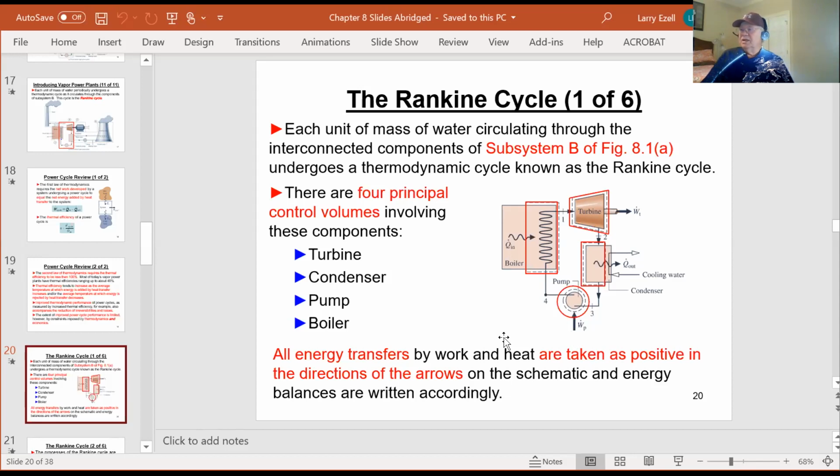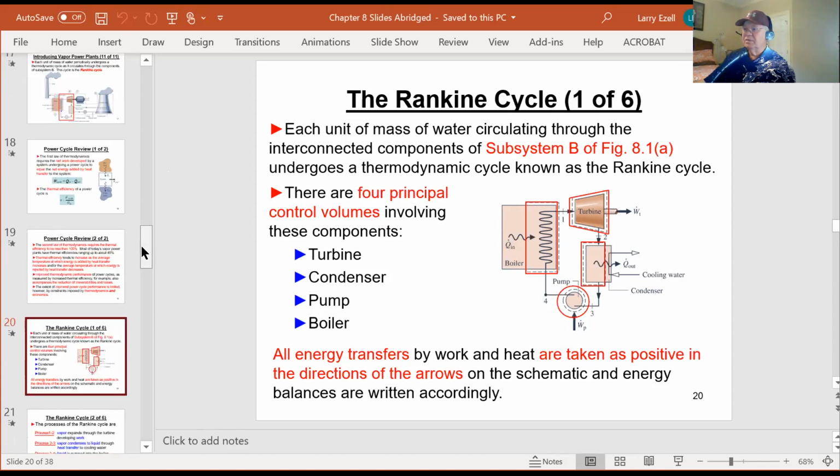I think you'll be less confused if you still use the algebraic and keep the plus and minuses. For instance, this is heat transfer in, it's a plus. This is work out, it's a plus. This is heat transfer out, it's a minus. This is work into the pump, it's a minus. And just algebraically add them. I don't think you'll have any problem figuring out how to combine them.